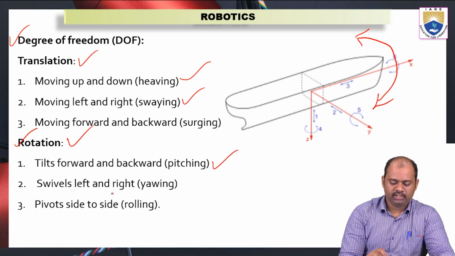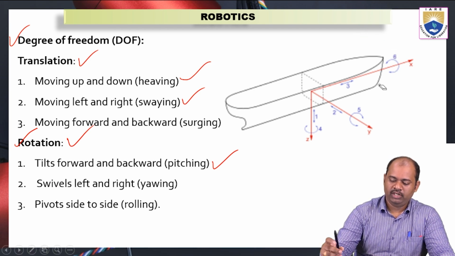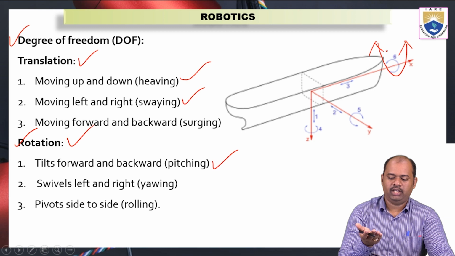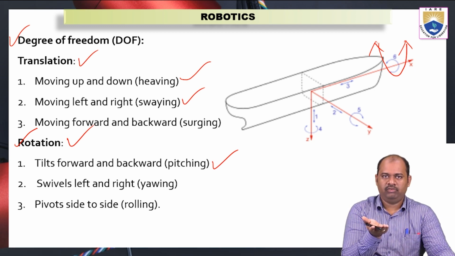And then swiveling left and right, which means moving to the side. Yawing means it can move in this direction. If I have an object like this, my hand is a ship, so swiveling means it will move like this, to the left and right sides.